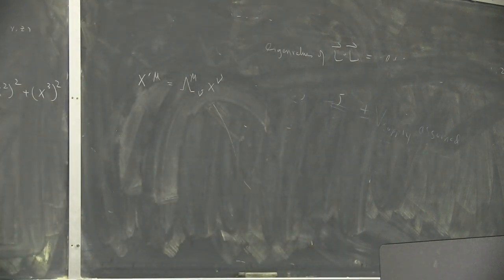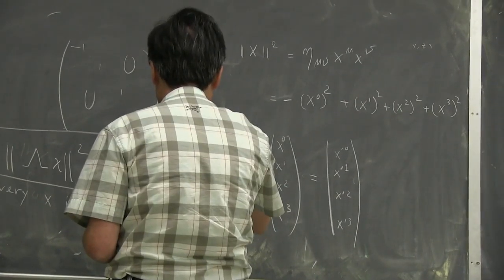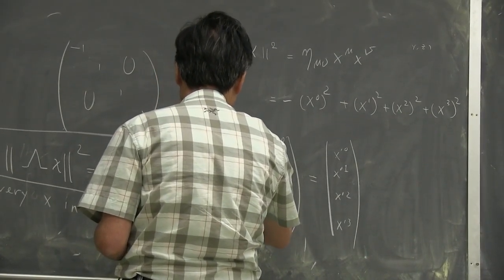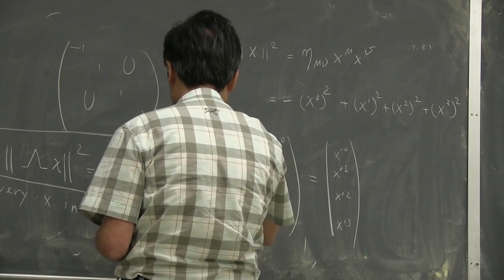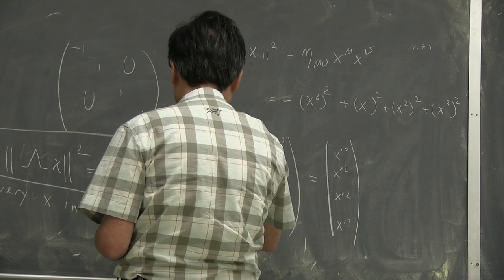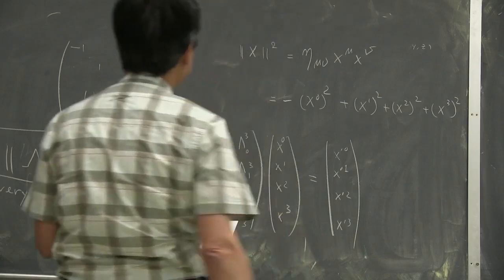So my lambda actually is like lambda 0 0, lambda 0 1, lambda 0 2, lambda 0 3, lambda 1 0, lambda 1 1, lambda 1 2, lambda 1 3, lambda 2 0, lambda 2 1, lambda 2 2, lambda 2 3, lambda 3 0, lambda 3 1, lambda 3 2, lambda 3 3.